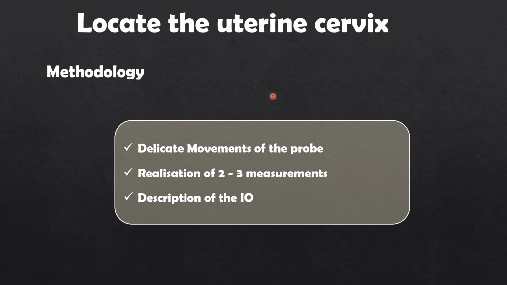Technically speaking, we will introduce the probe with delicacy into the vagina in the anterior fornix. Then we will perform 2 to 3 measurements and take the smallest one. And finally, we have to describe the internal os and the aspects of this orifice.